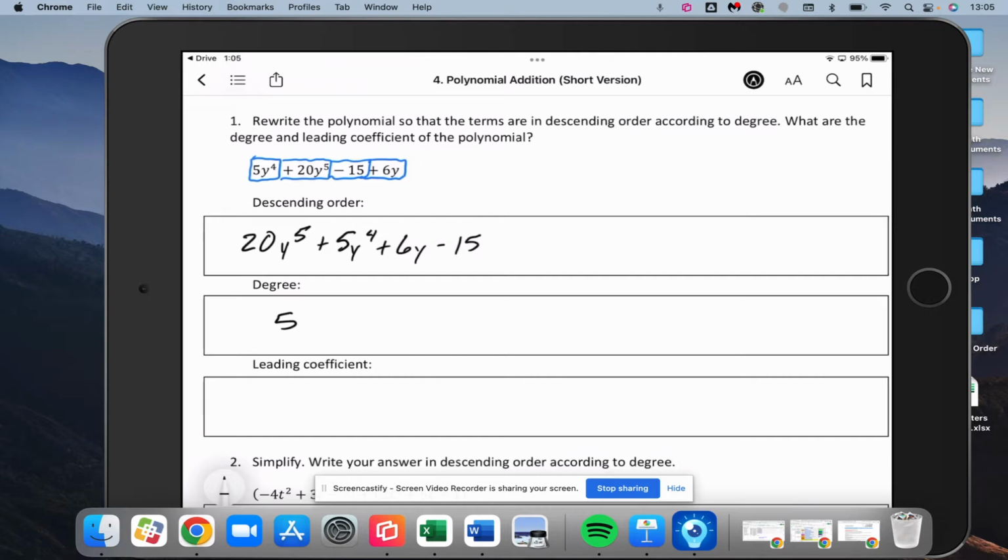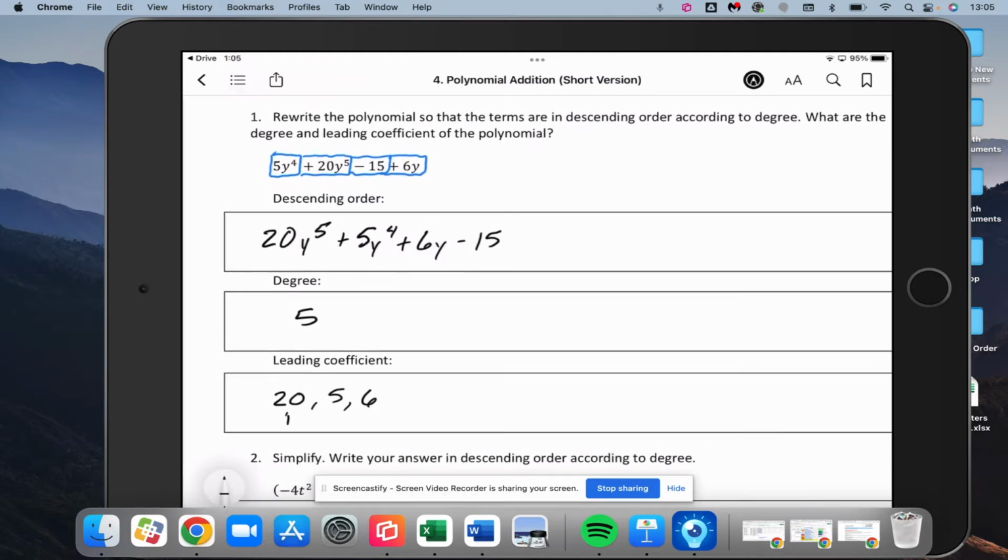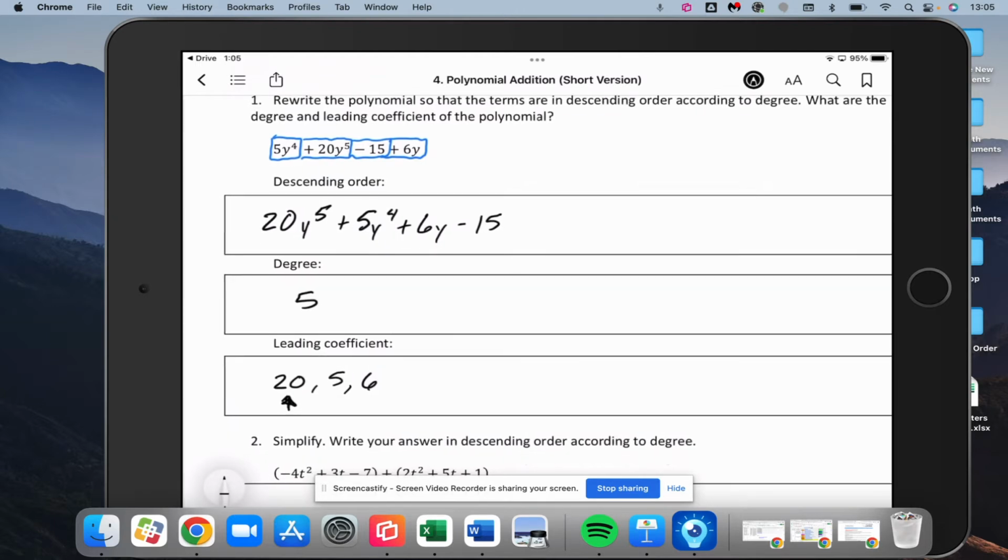And so in this case, our leading coefficient is 20, but other coefficients that we have are 5 and 6. Coefficient is a number that is attached to a variable. And so I think that Alex is going to just want 20, but I went ahead and identified all of the coefficients, but the leading coefficient is going to be 20.